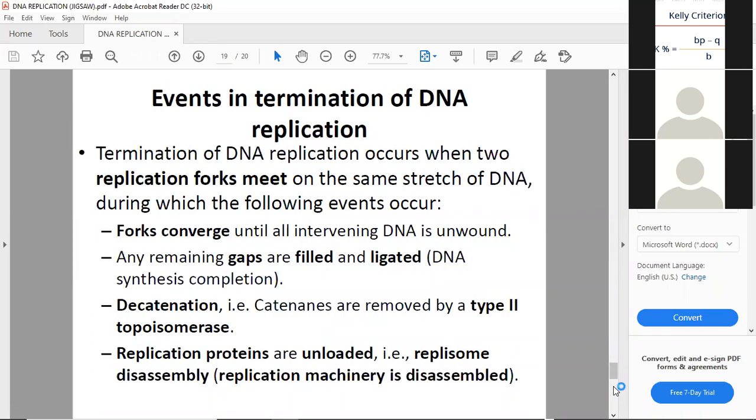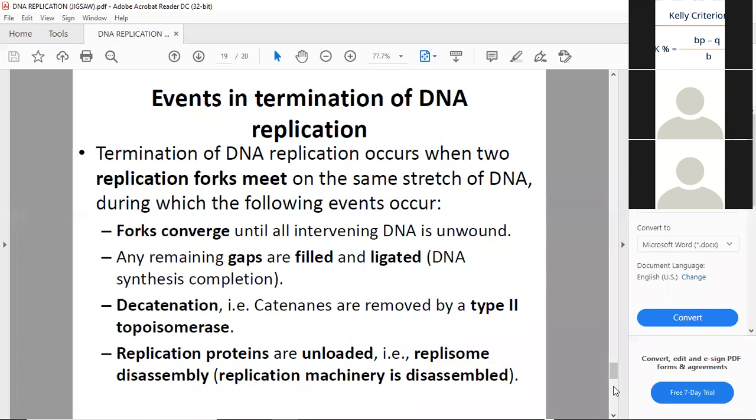So now, the events that happen during termination of DNA replication, when two replication forks meet on the same strand of DNA, this is what is going to happen. We talked about convergence. So the forks converge until all intervening DNA is unwound. And then all the gaps need to be filled and ligated. And then we have decatenation, where the catenanes are removed by a type 2 topoisomerase.